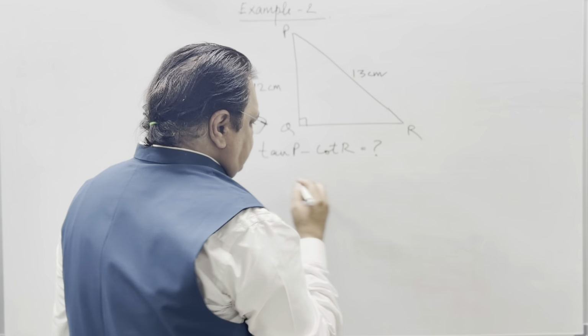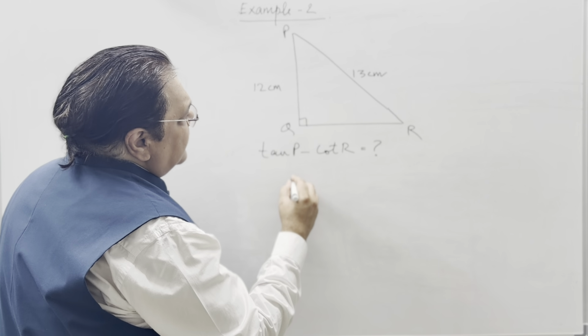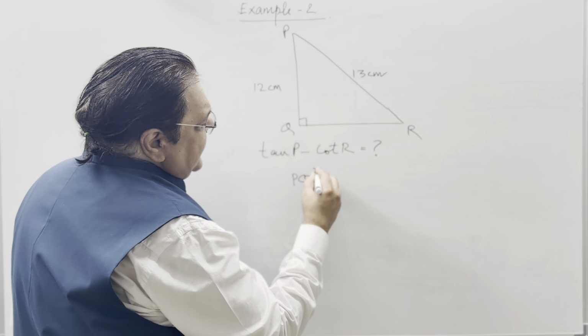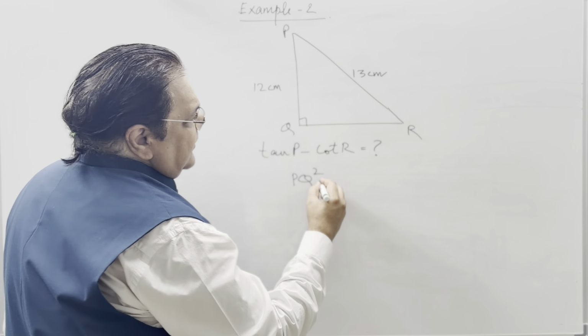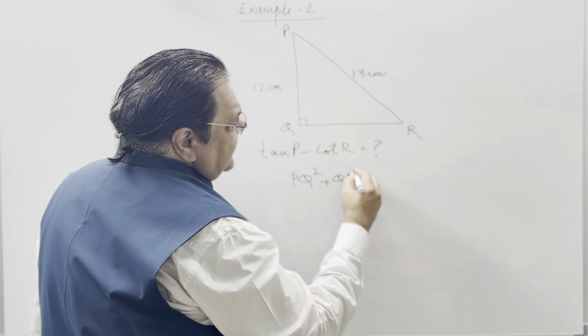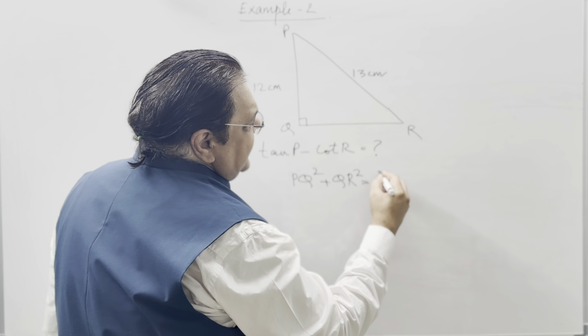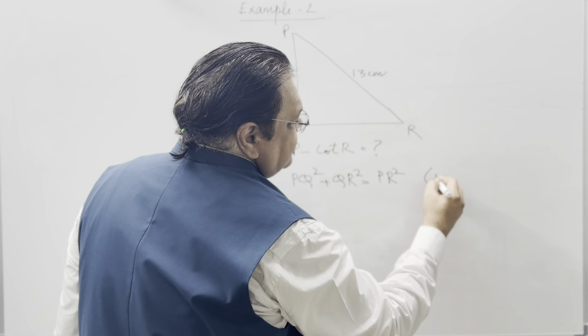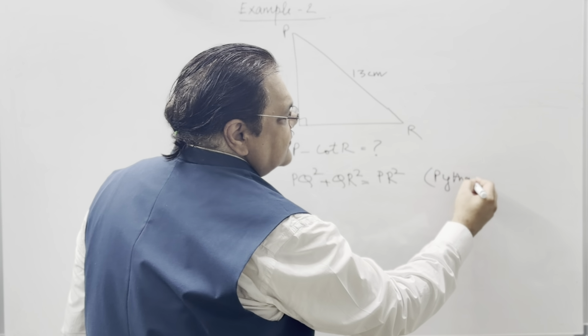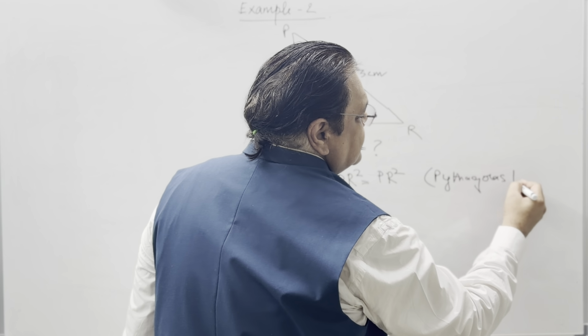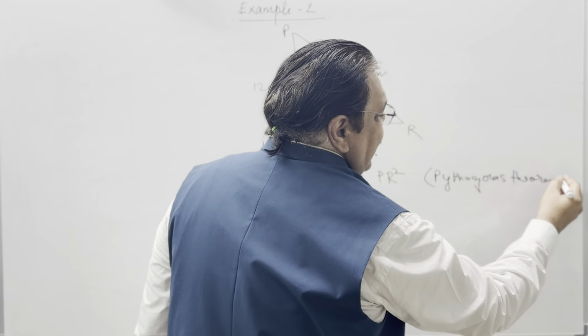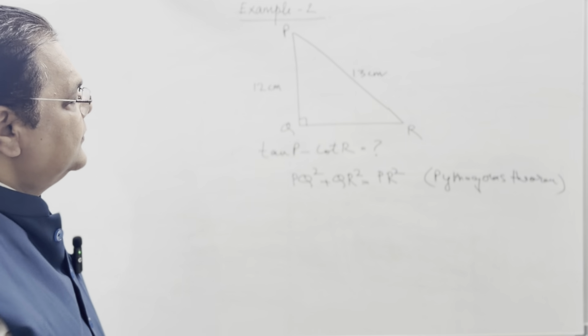So, PQ square plus QR square is equal to PR square, as per the Pythagoras theorem.